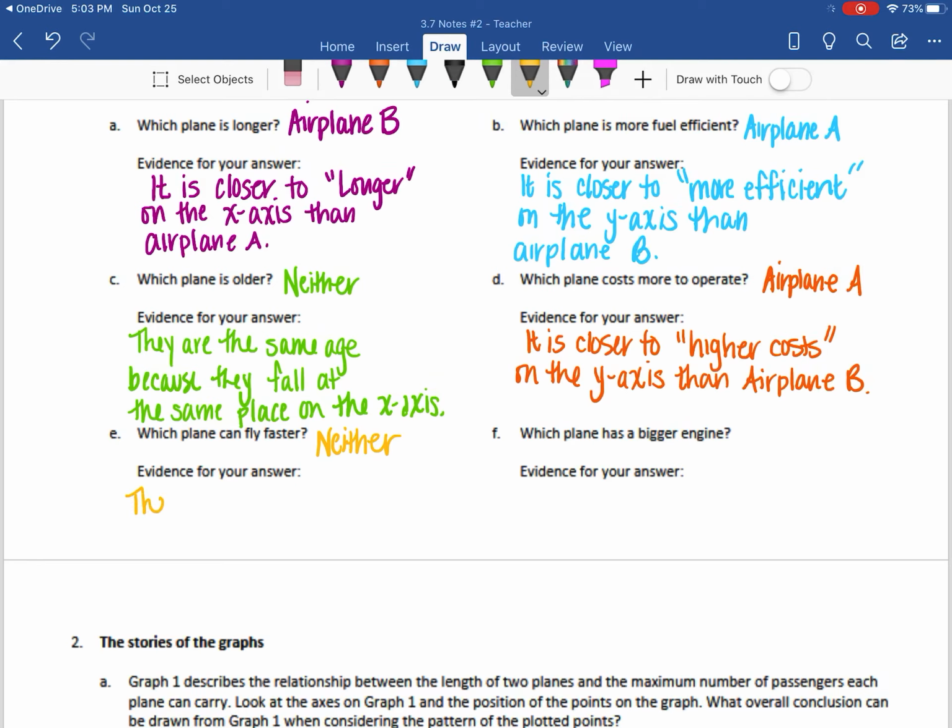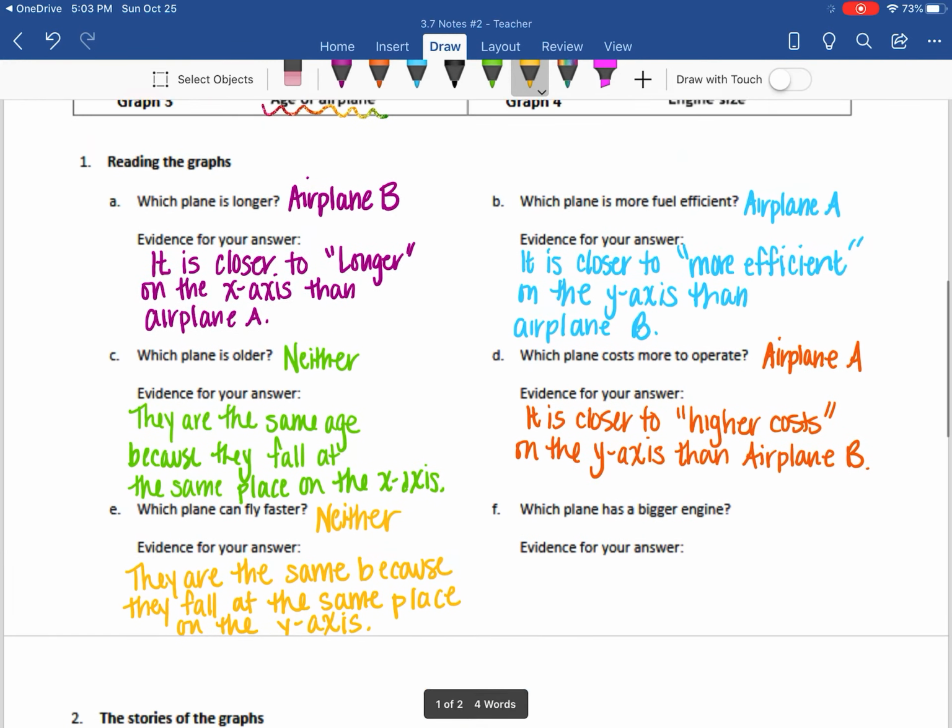Evidence for our answer: they are the same because they fall at the same place, but this time we are on the y-axis.